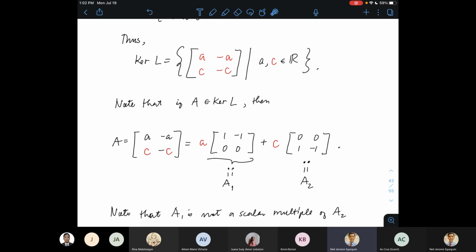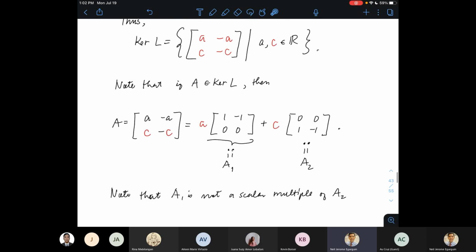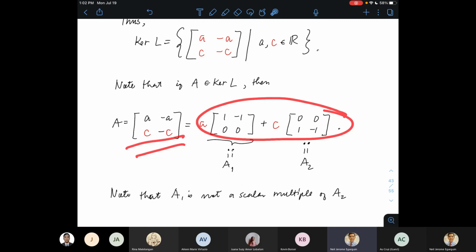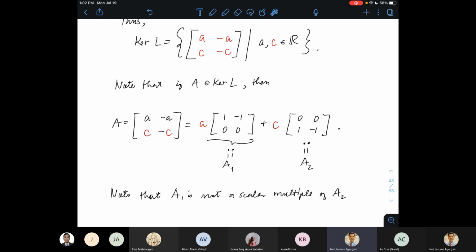So that means every element of the kernel is a linear combination of the matrix A1 and the matrix A2. Okay? Kasi lahat ng elements ng kernel, ganito yung itsura. Pag ganito yung itsura niya, pwede ko siyang isulat as a linear combination of this form.